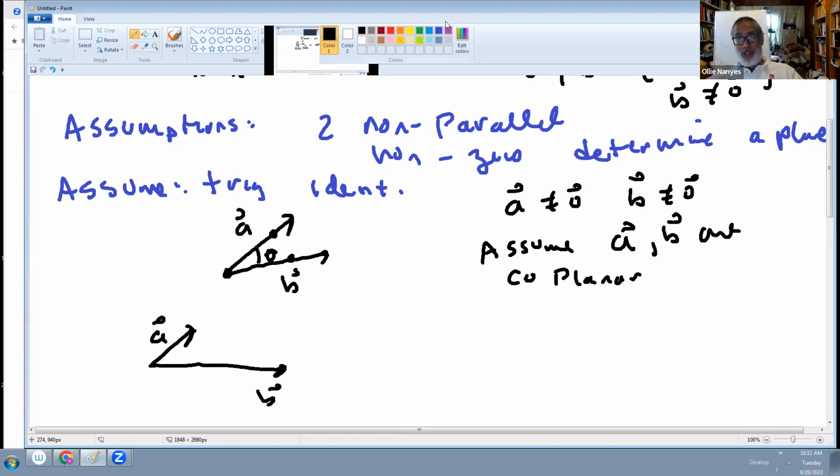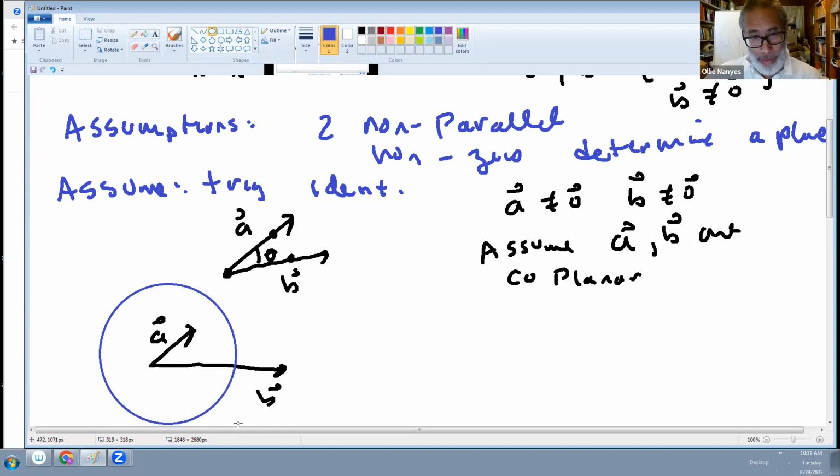And what I'm going to do is put the unit circle like so. And just assume that's a unit circle. Now, this is a bit misleading.